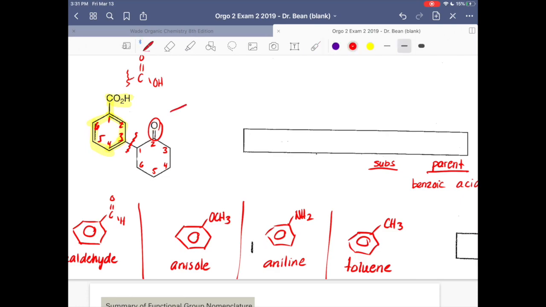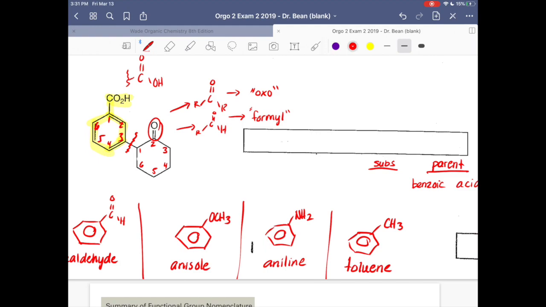So whenever you have a ketone as a substituent, we are gonna name it using the word oxo. And if we had an aldehyde, for example, we are gonna name it using the word formyl. Okay, so here we have the ketone.